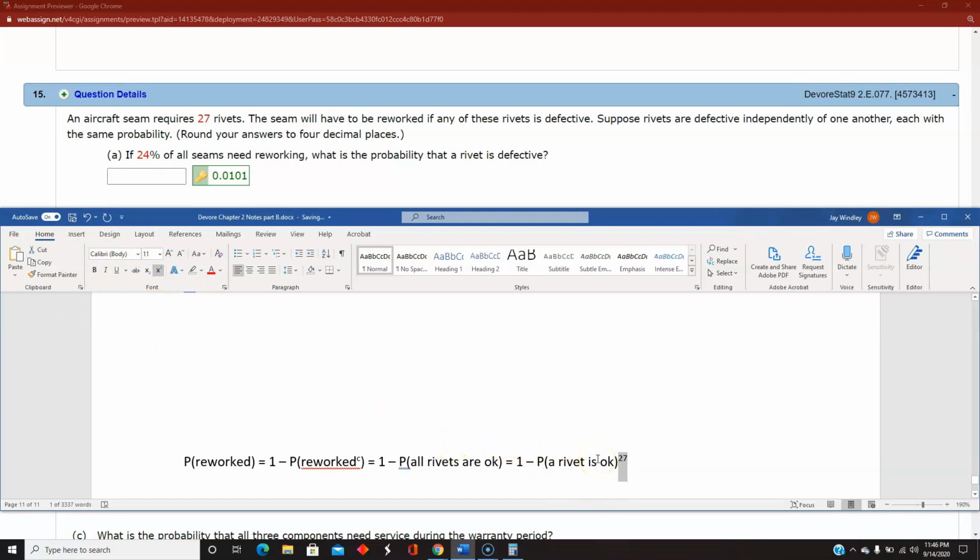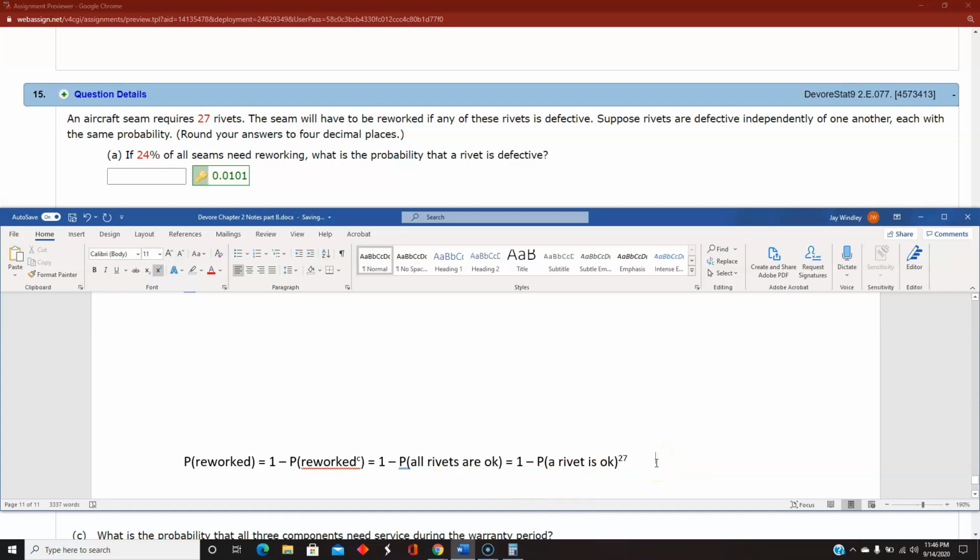So the first rivet has to be okay, times the second rivet has to be okay, times the third rivet has to be okay, etc. All 27 rivets have to be okay. And if all 27 rivets are okay, then it does not need to be reworked. So I think this is the equation I want to set up.